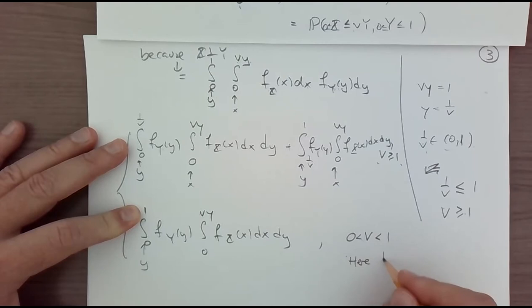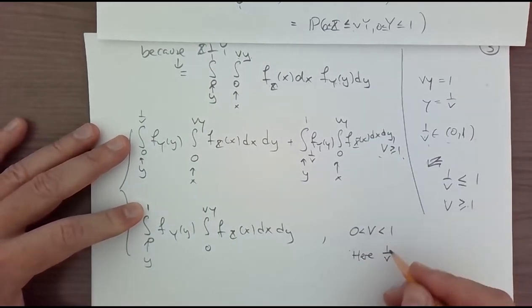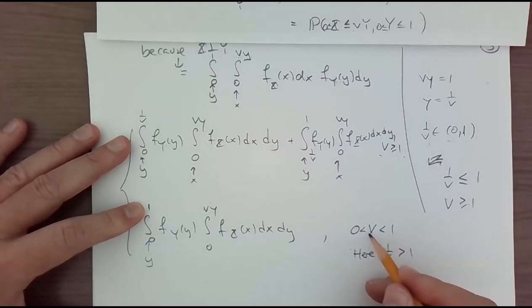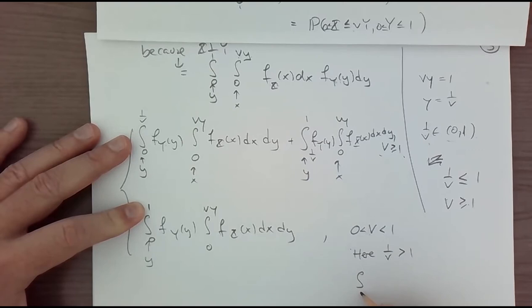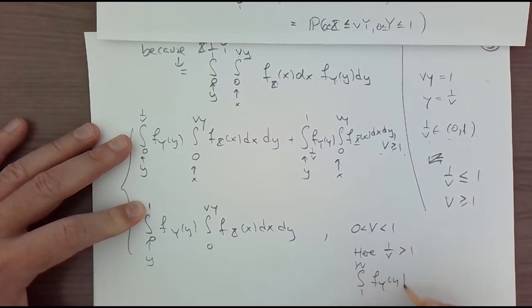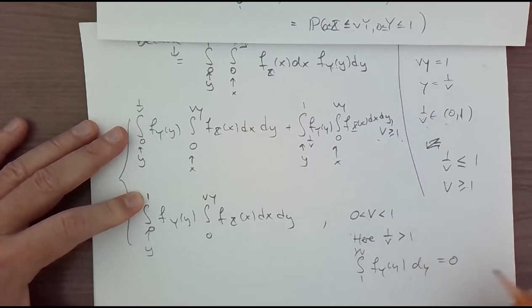1 over v is bigger than 1. If I divide through here by v, I'm going to get that 1 is less than or equal to 1 over v. So I have this term, and I know that the integral from 1 to 1 over v of f of y dy is equal to 0, right?